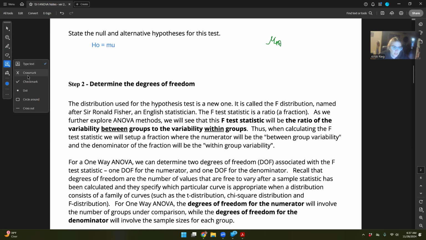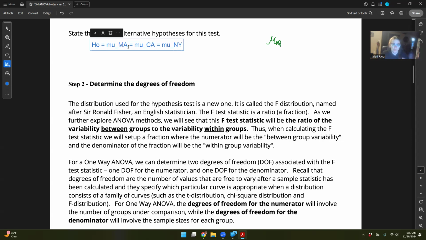I really wish I could type in math on this document. Mu subscript Massachusetts is equal to mu subscript California is equal to mu subscript New York. The Massachusetts, the New York, and the California are all subscripts, are all lower, but as you can see, it's just not working for me today.